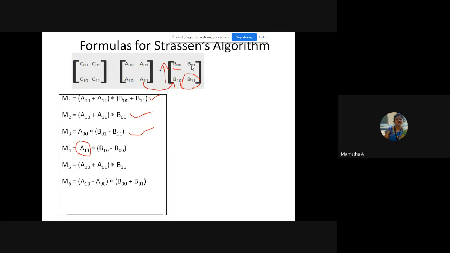And then is your M7, which is in this way. M7 is equal to A01 minus A11, that is subtraction of your second column of first matrix into B10 plus B11. So what is B10? B10 is your second row of second matrix, right?